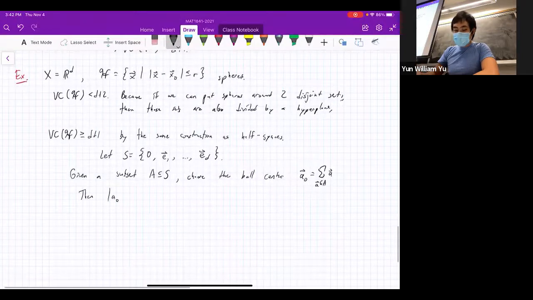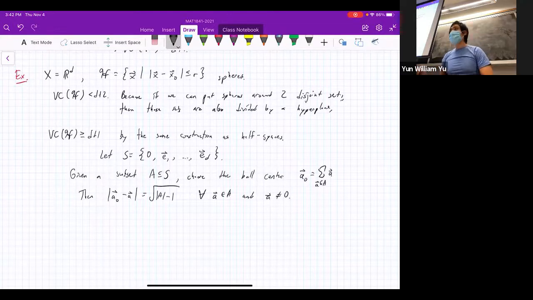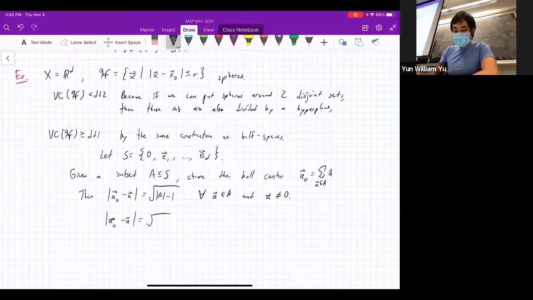Then we know that the distance from a0 to a is equal to the root of the size of A minus 1 for all a in A and a not equal to 0. Sorry, not distance 1, but it will be closer to those points because it's along one of the axes that has the same value. And we know that the distance from a0 to a is equal to the root of the size of A plus 1 for all a not in A and a not equal to 0.